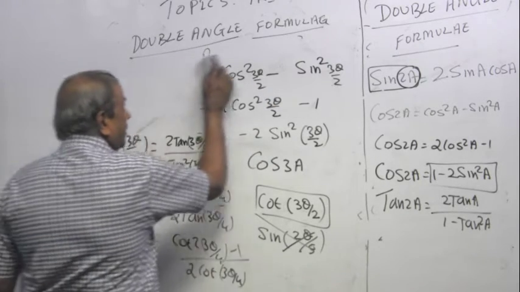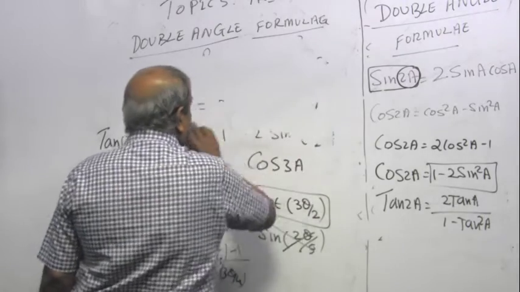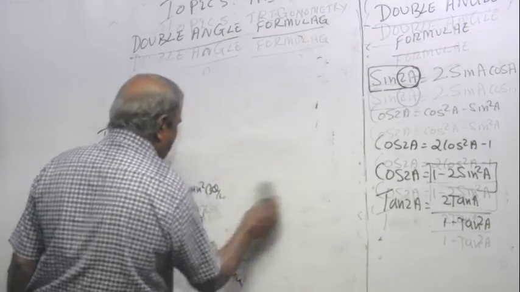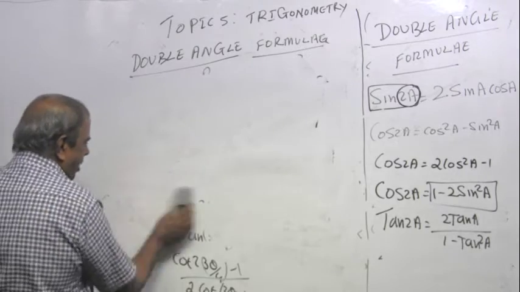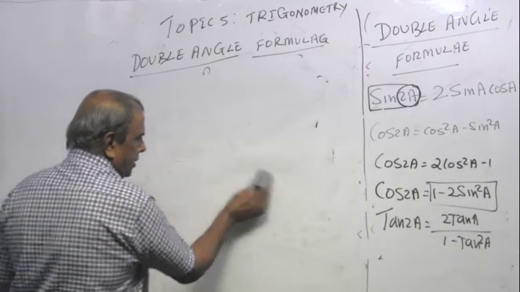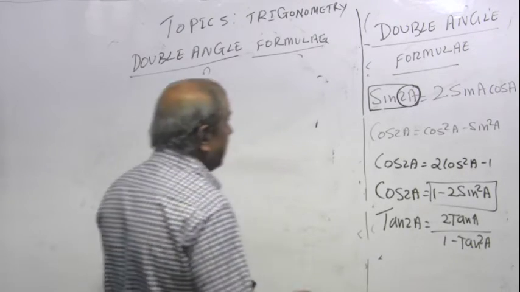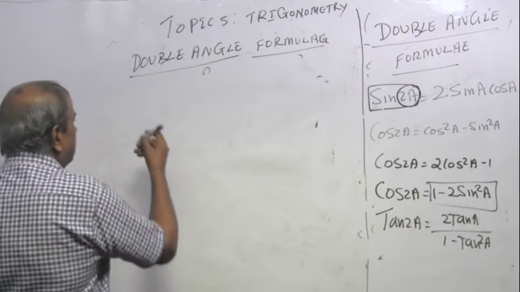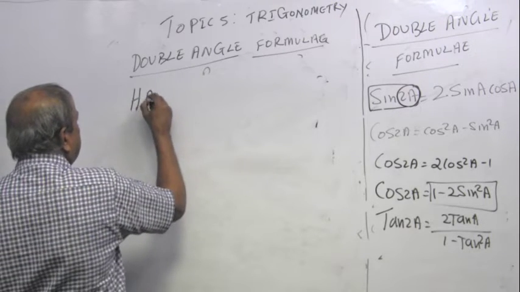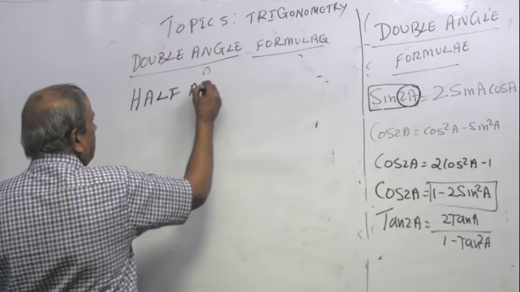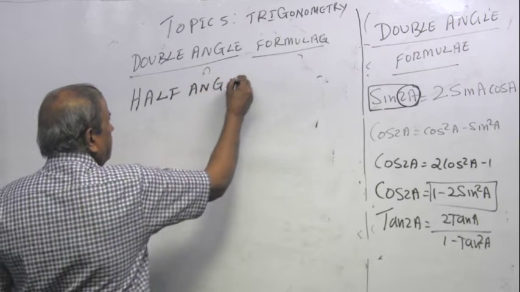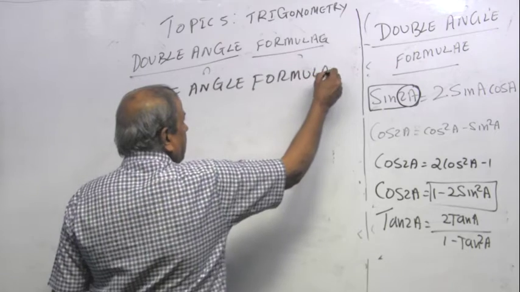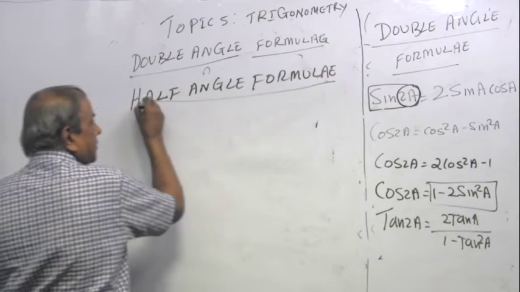So, to conclude this, I will write the half angle. Normally, half angle formulae and double angle formulae are the most common ones. So, I've written the double angle formulae, and I will build the half angle formula. As I said, the handout will have all the formulae, don't worry.